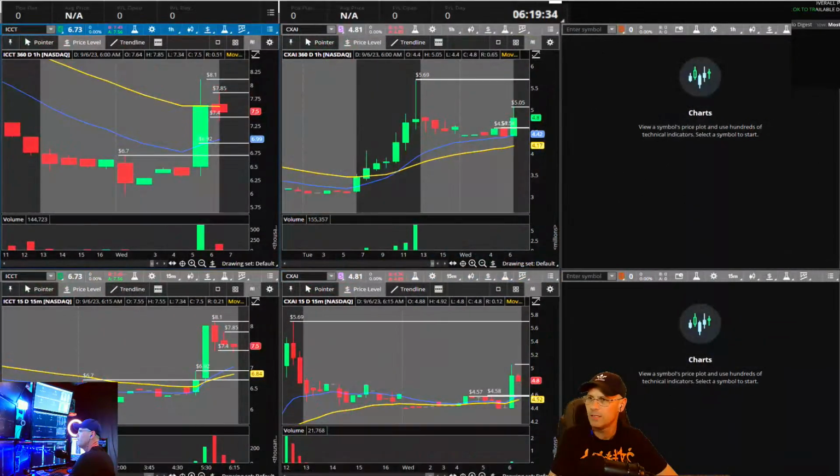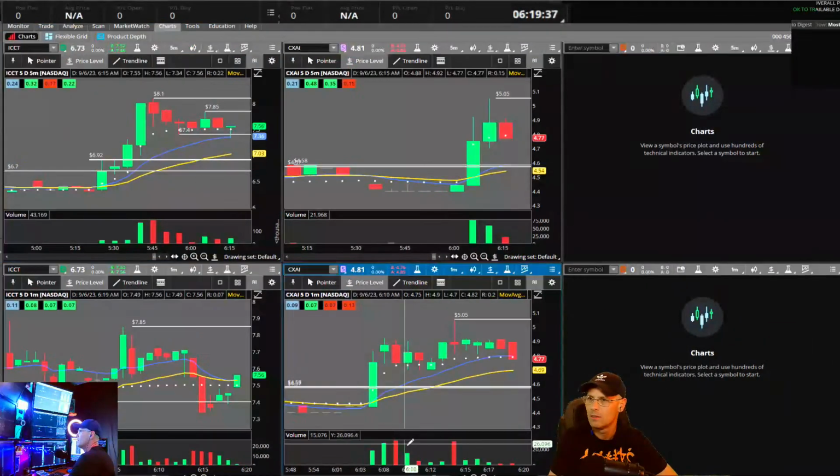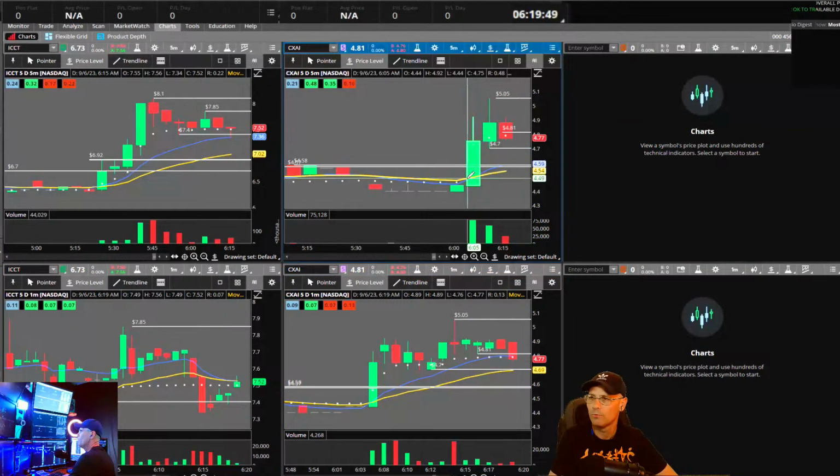So it's just a 15-minute inside bar at the moment. So we just lost our 1-minute tightening range when we broke this support. Bulls want to hold 470. And if we don't, then 5-minute consolidation will be underway.